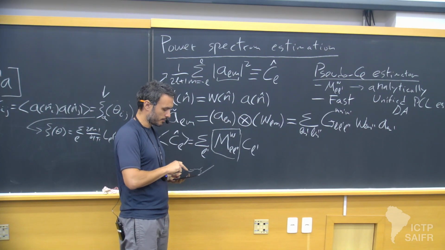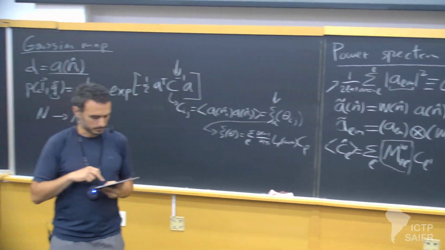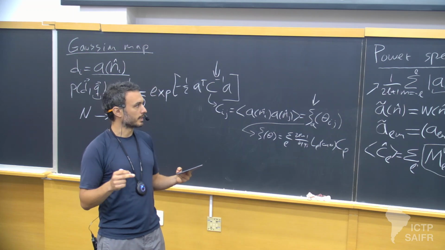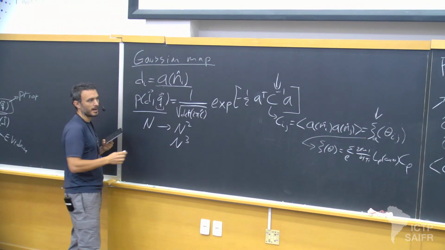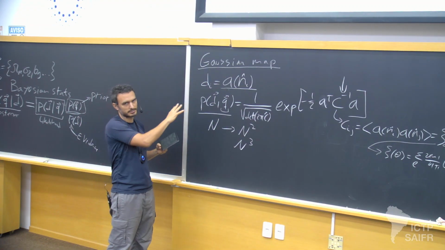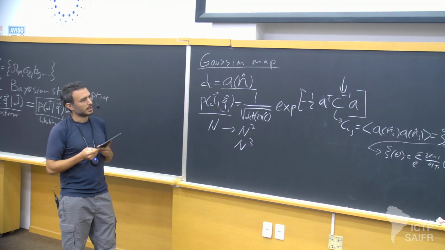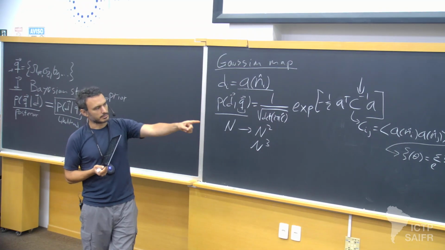So now we have a way to estimate power spectra from real data. How is it useful, right? Because we started from a very well-written likelihood for a map, at least a map that is Gaussian. Remember that the large-scale structure is not Gaussian, so this doesn't even help that much. But let's say that we're in the Gaussian case. Why is it useful that we calculate the power spectrum?